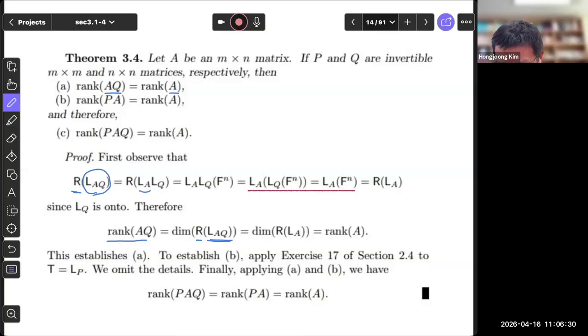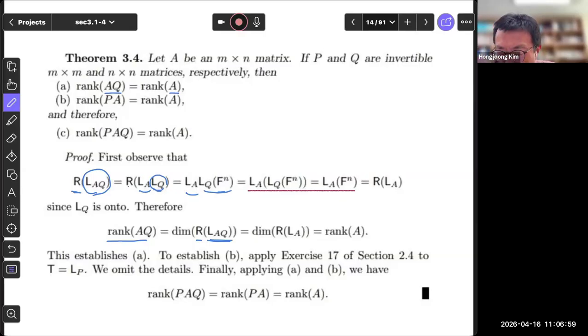I can split this composite into these two functions, and the range of L sub Q. So what is the domain? The domain is Fn. So the range of this composite will be the range of Fn under Q mapping and then mapping by matrix A.